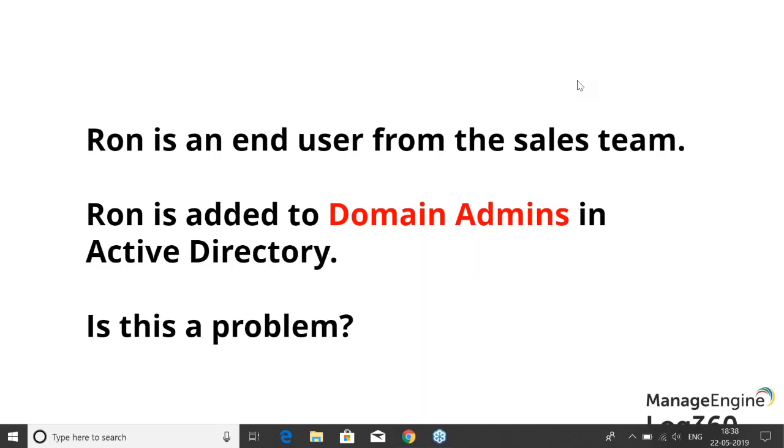And if something like this happens in your organizations, you must be in a position to detect it, right? So I'm sure you all agree with me on this. This is bad. And if this happens in your organization, you need to be notified so that you can then investigate and resolve this issue, right?